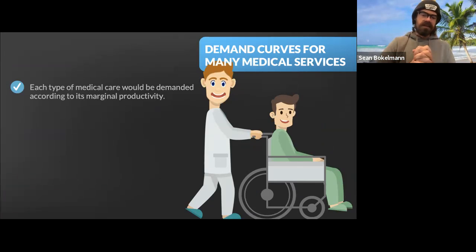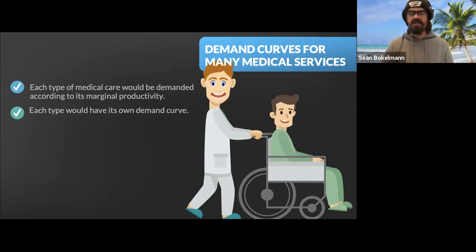And so people are going to demand procedures with a higher level of marginal productivity first. And then, of course, as they consume that treatment, the marginal productivity is going to diminish. And so at that point, they might start consuming other types of treatment. But it's all going to depend on marginal productivity. And therefore, ultimately, each type of medical care is going to have its own demand curve.